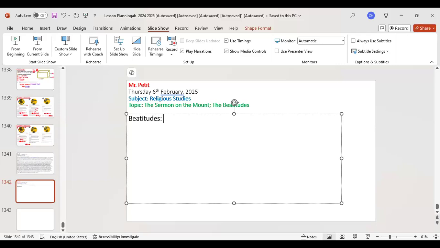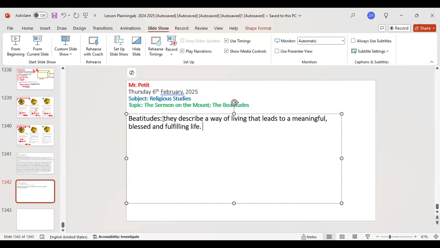So what are the Beatitudes? They describe a way of life that leads to a meaningful, blessed, and fulfilling life.